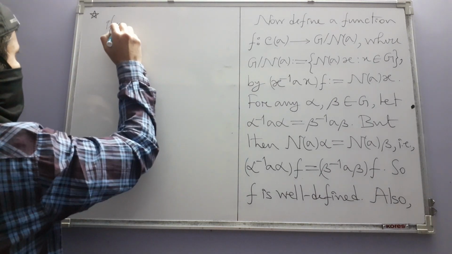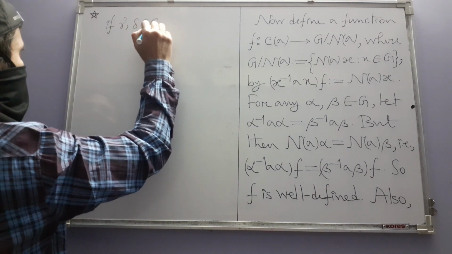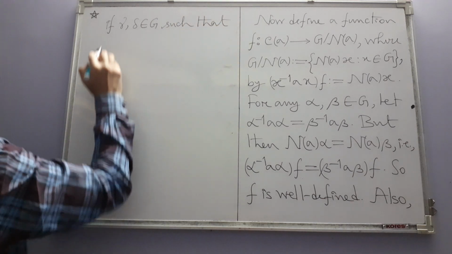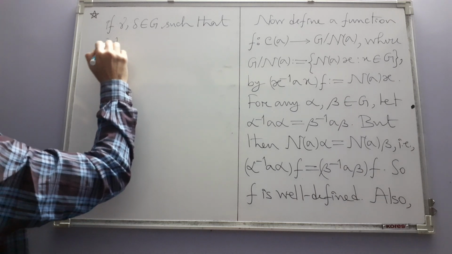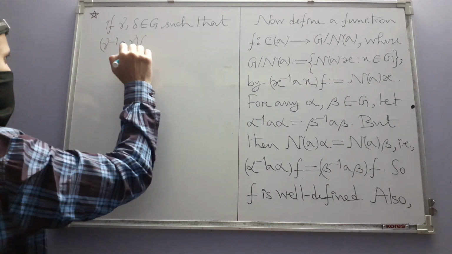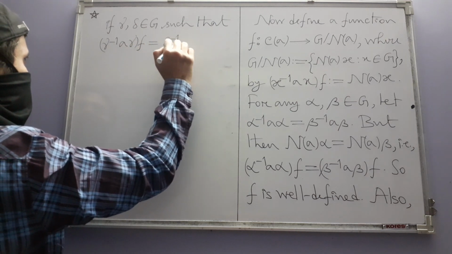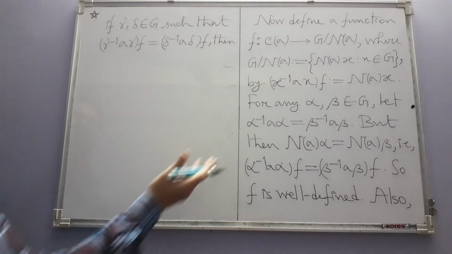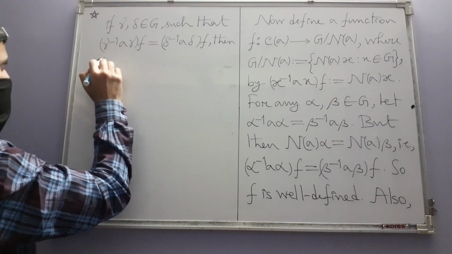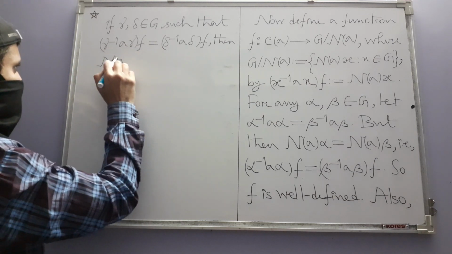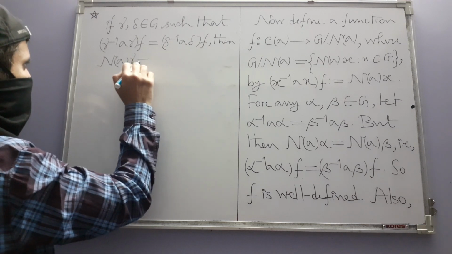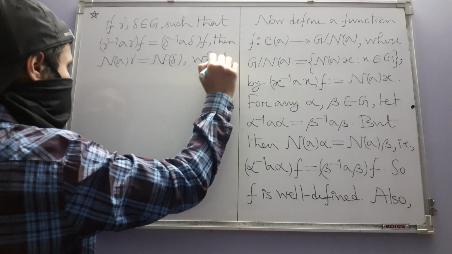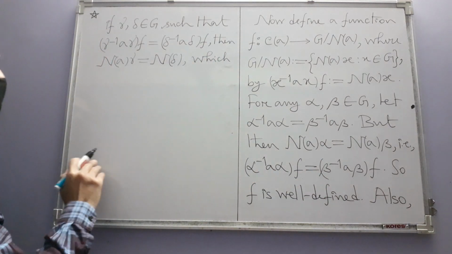Also, if you have two elements gamma and delta in G such that F of gamma inverse A gamma is equal to F of delta inverse A delta, then if the outputs are equal, this is nothing but NA gamma and this is nothing but NA delta, which implies, again due to that equivalence, that gamma inverse A gamma equals delta inverse A delta.